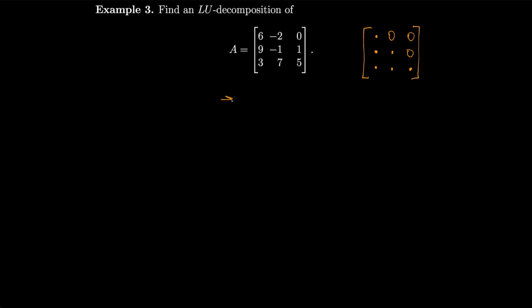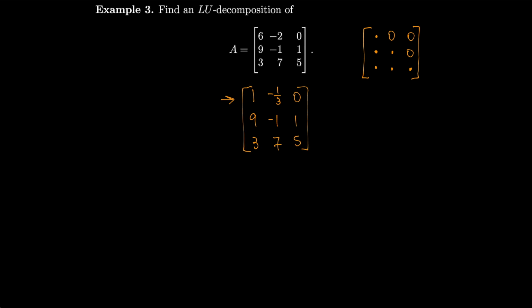So let's do that. Let's first start by taking 1/6 of that. So 1, minus 1/3, 0. And then the second row is 9, minus 1, 1, not changing it yet. And we have 3, 7, 5.